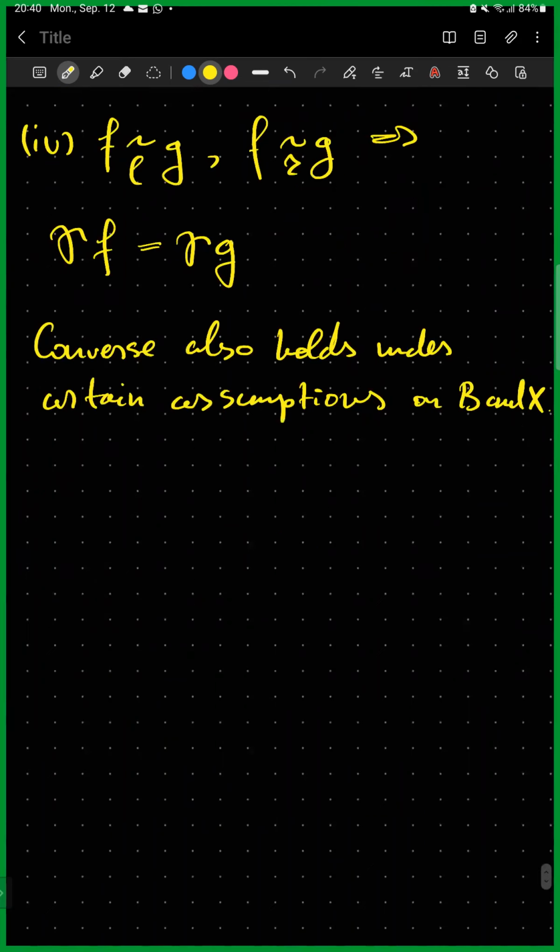Let me formulate a proposition which further explains properties of left and right homotopic maps.